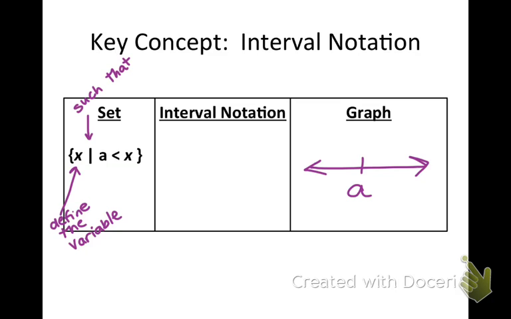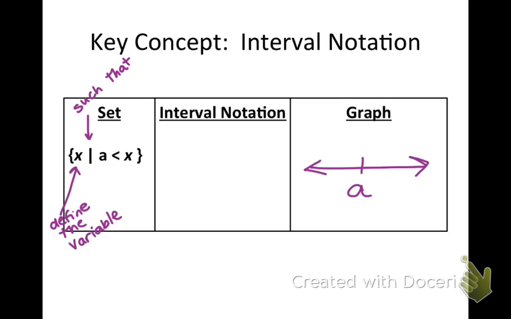Okay, don't put this on your paper, just watch, because this is not going to be how we graph anymore. Which way would my arrow go? If I want X to be larger than A, it would go to the right. So it would be all numbers greater than A, not including A. Okay? So in advanced algebra, we're going to get fancy with our work.